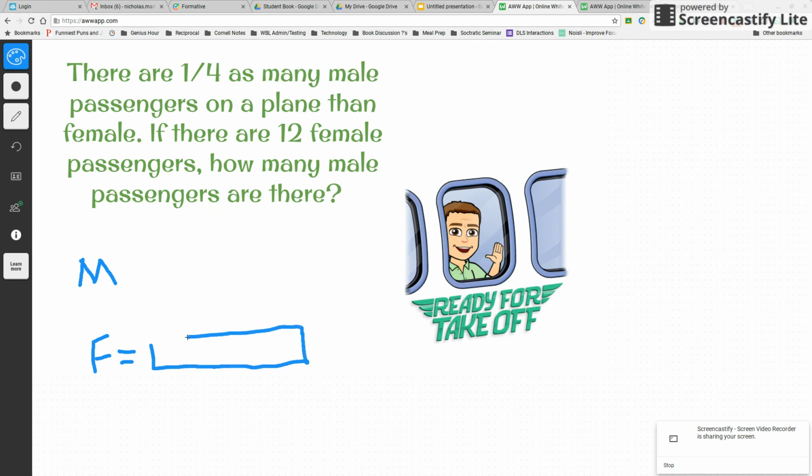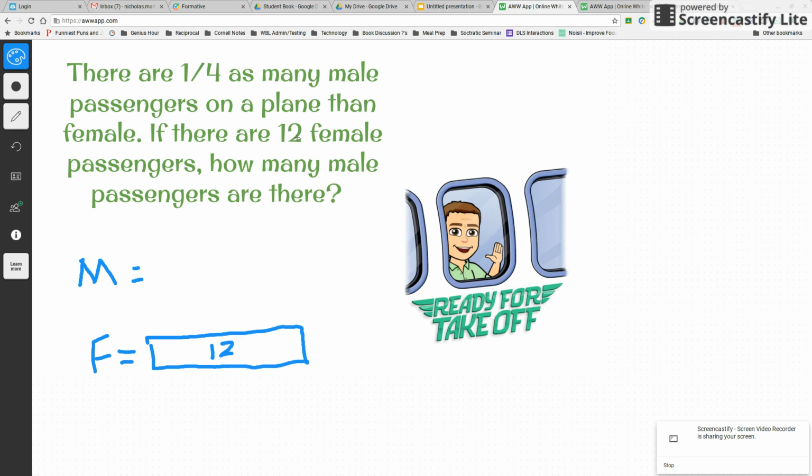We know there are 12 female passengers, because it tells us right in the problem. Our goal is to figure out how many male passengers, and the information we have says there are 1/4 as many. Well, what we know about fractions is that fractions are a part of a whole. So we have to figure out, what is 1/4 of 12?